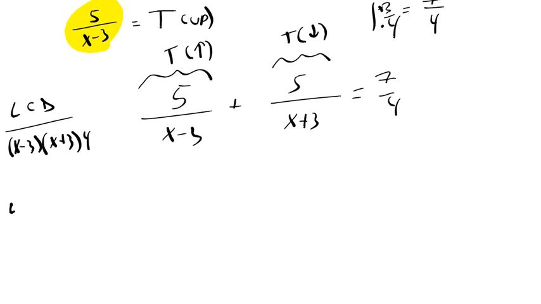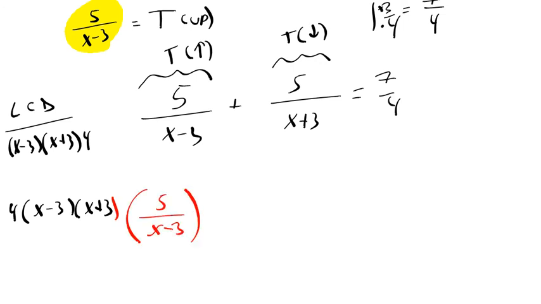So here we go. 4 times x minus 3 times x plus 3, and I'll do this in red, multiplied by 5 over x minus 3. And then plus the LCD again, x minus 3 times x plus 3, and multiply that by 5 over x plus 3.